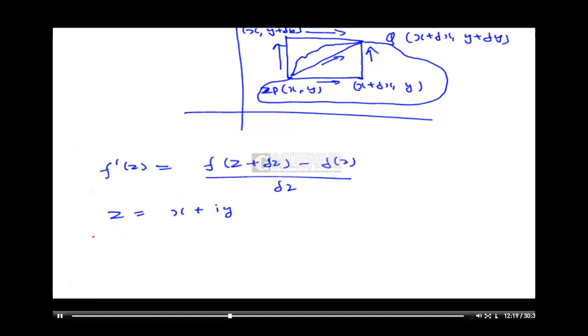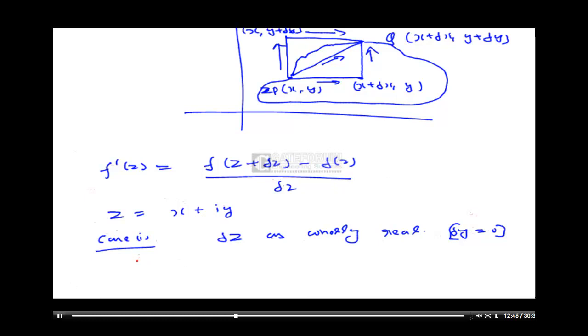I can assume case 1, z as wholly real. When it is real, then y equal to 0. When this happens, I should say not z, but delta z should be wholly real. That means delta y equal to 0.